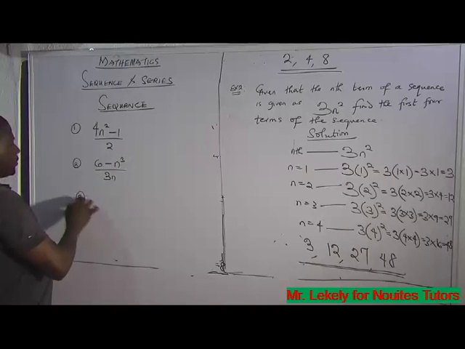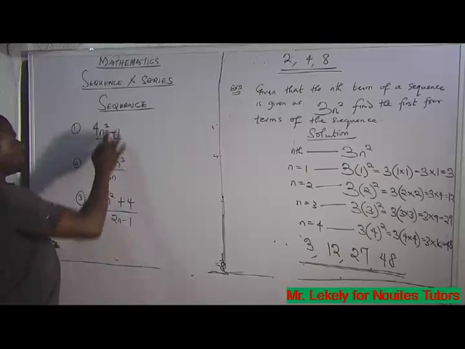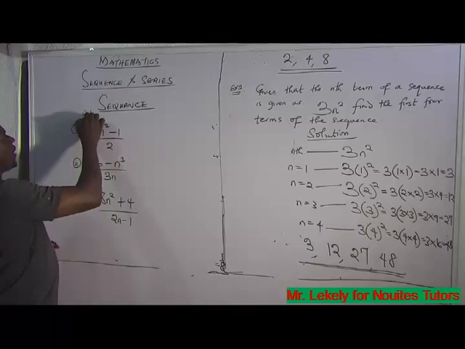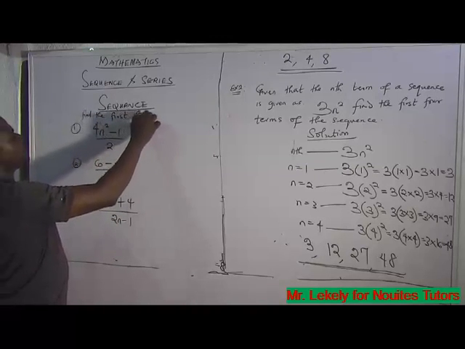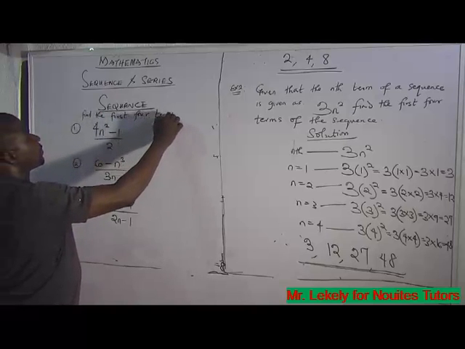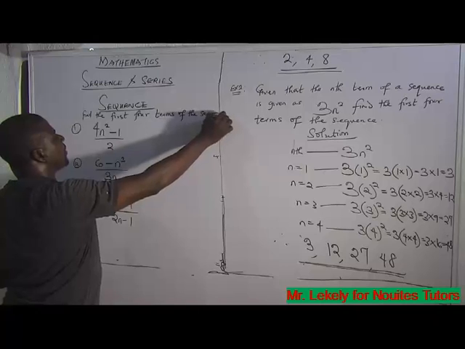Number 3, 8n squared plus 4 over 2n minus 1. In all of these, find the first 4 terms of the sequence. So this is my assignment for you.